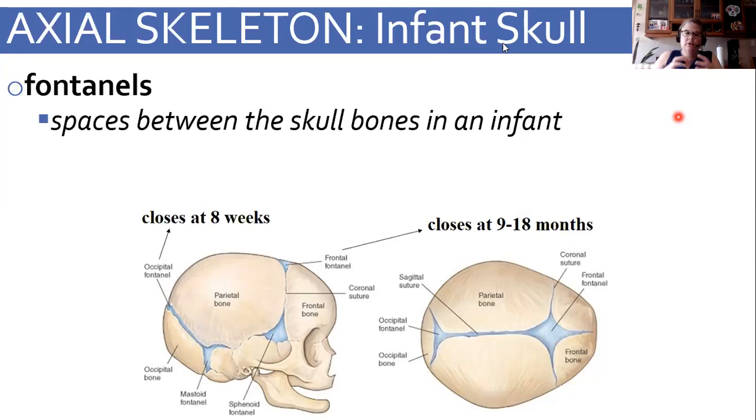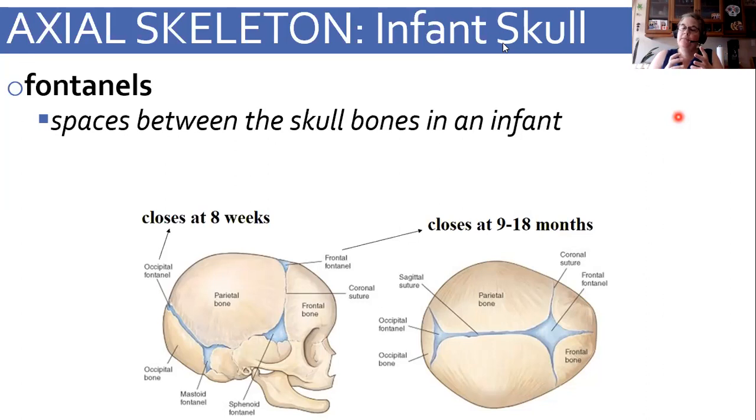And evolutionarily speaking, we have to think, well, why is that? The skull is really important to protect the brain from damage, but there's a couple of reasons why. One of the reasons is when a baby is being born, it's going through the birth canal. The birth canal is very small, and the baby's head is huge. It's 1/3 the size of its body.